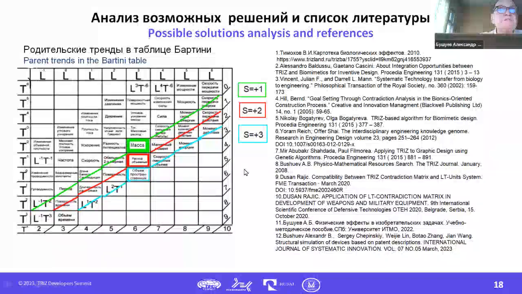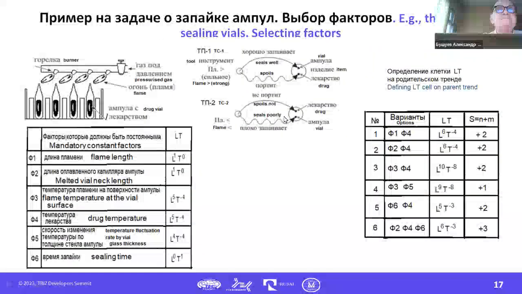What kind of conclusions do we have here? For example, for teachers, I tell my students how to resolve tests. The first thing we have to determine is how we will measure good and bad action. For example, in the Bartini method, we have to know what is good and what is bad, how we seal well, and how we can measure it. For example, good sealing is the length of the part of this vial.